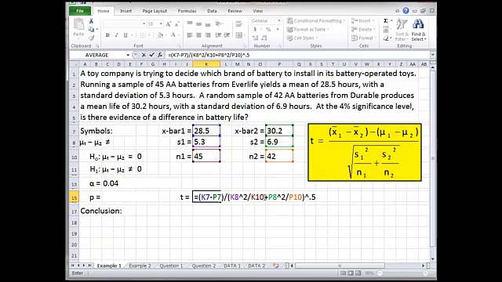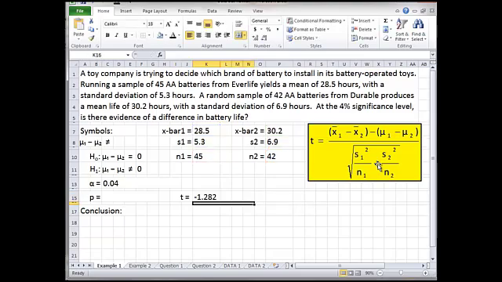Within this bracket, Excel knows how to follow the order of operations, so it's going to do the squaring before the division, and again the squaring before the division, and it's going to take care of all of that before it does any of the addition. The only thing we need to do is to tell it to square root that entire thing. So close off your bracket to the exponent 0.5, and we should get that we have a t-score of negative 1.282. Well, now we can go and calculate our p-value.